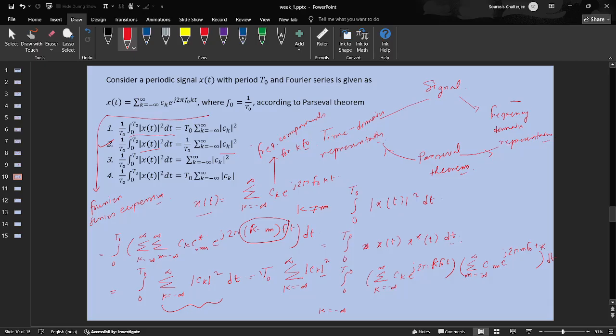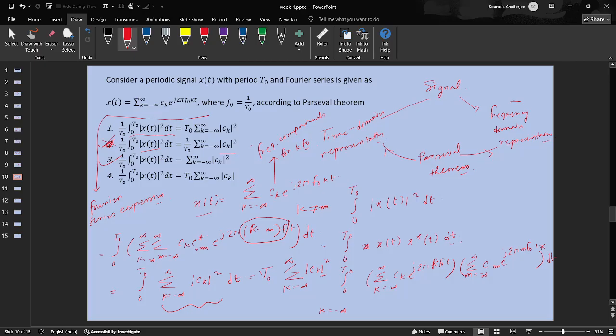The 1 over t naught term is the power of that signal in the time domain, if I'm not wrong. Sorry, by the way, the second is not the answer, both have t naught, it should be the third. Sorry about that.